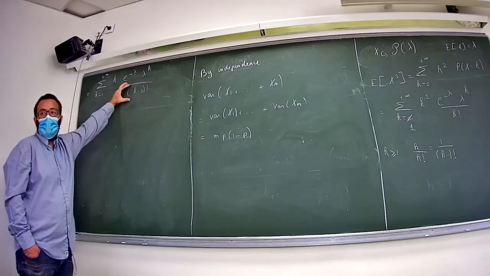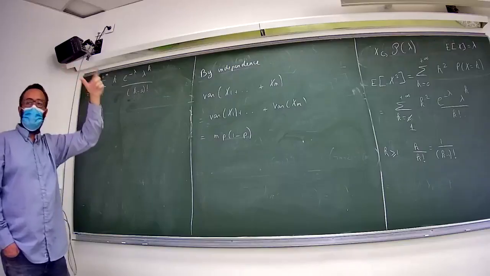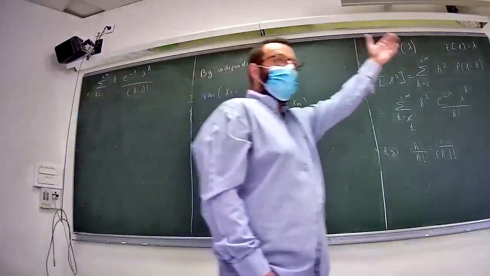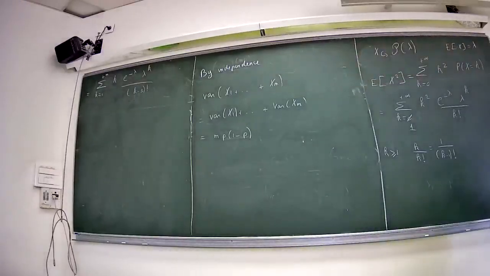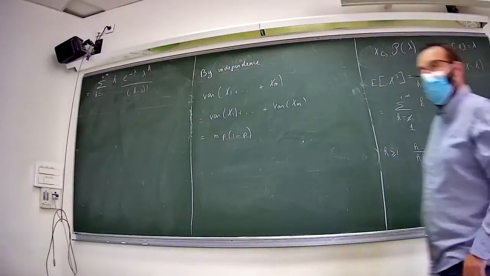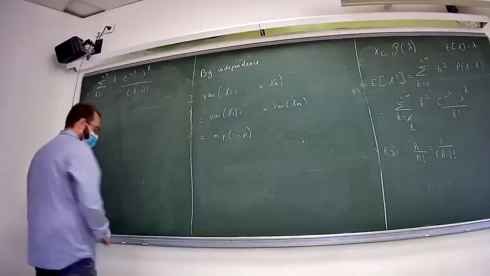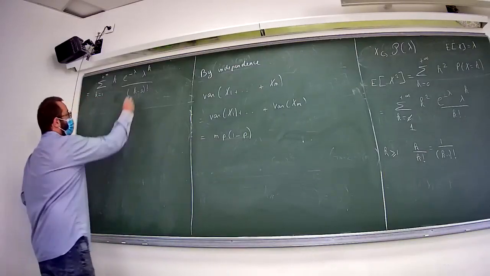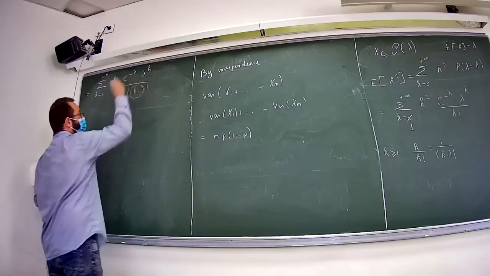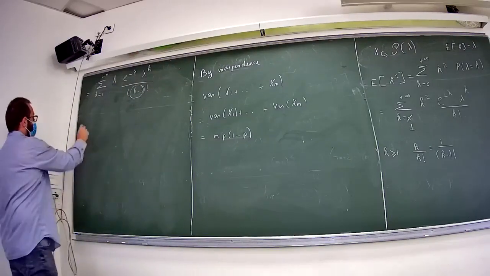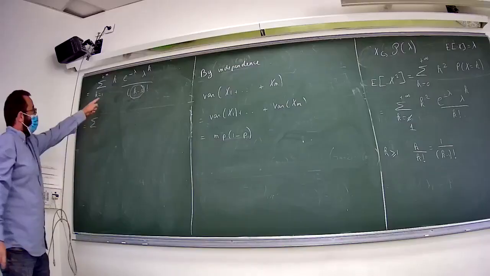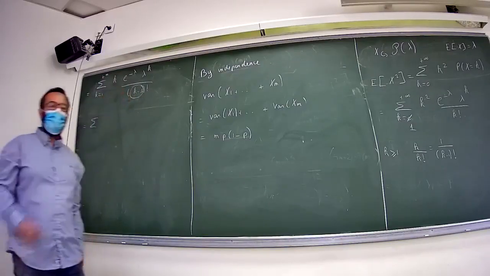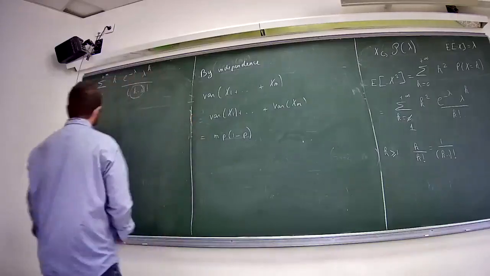But that's not what I have. If I change the index, I will make appear 1 over k factorial, which is what I have in the probability mass function of my Poisson. So I define a new index to be k minus 1. If I start from 1 to plus infinity and transform my index from k into k minus 1, I will be from 0 to plus infinity.